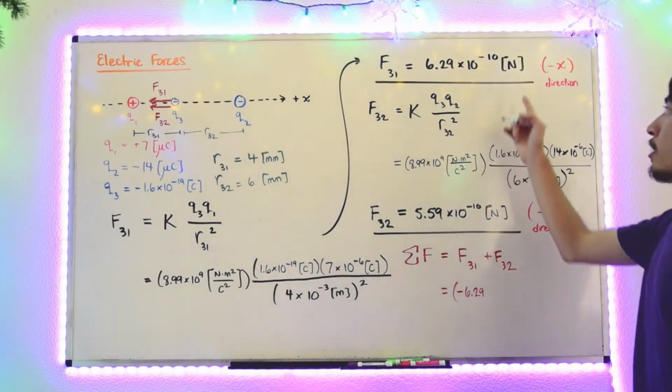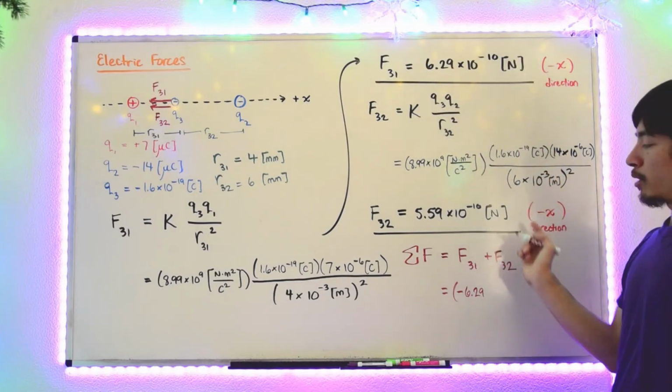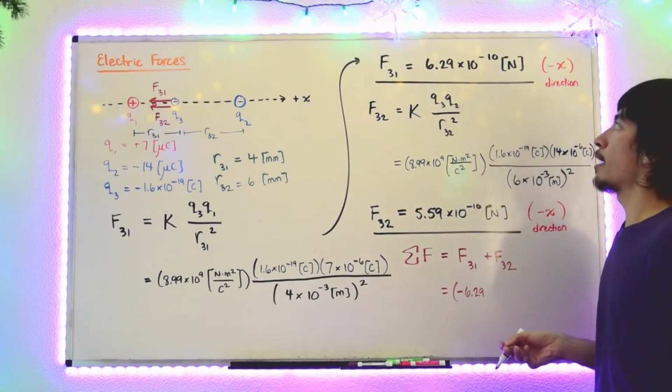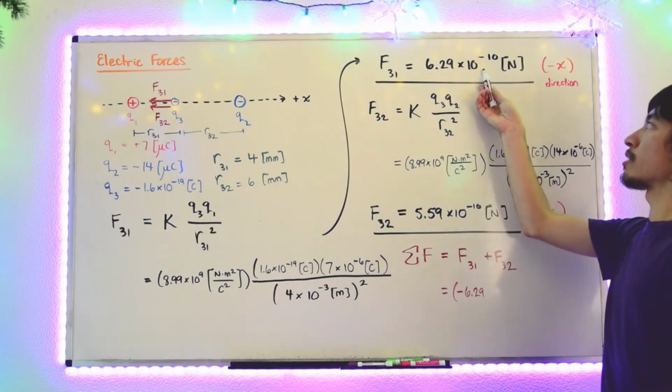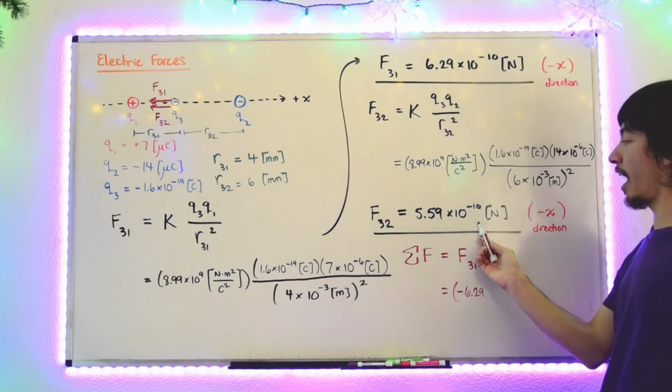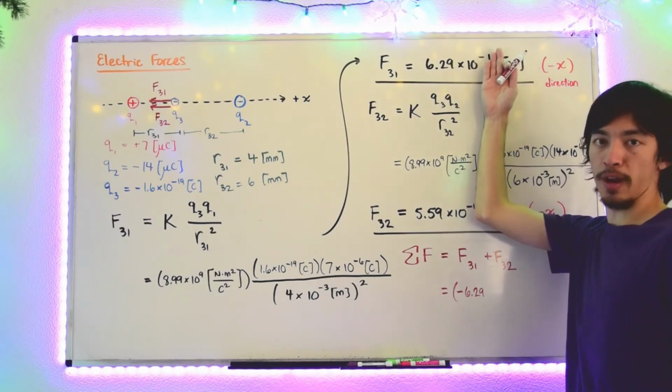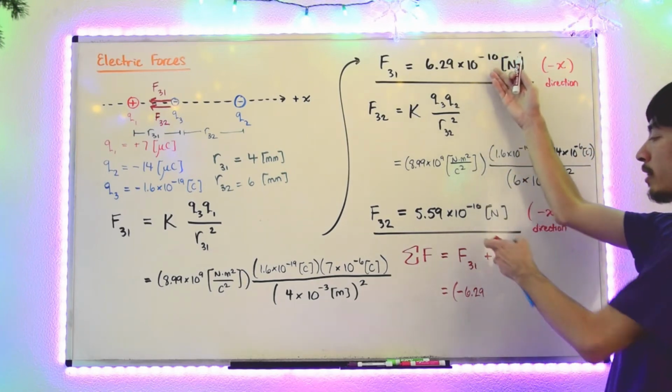Now, I could write this whole number out and plug it in, but I will make the observation that because they share the same power of 10, I can factor that out and just write the 6.29 and the 5.59 and deal with the power of 10 later.